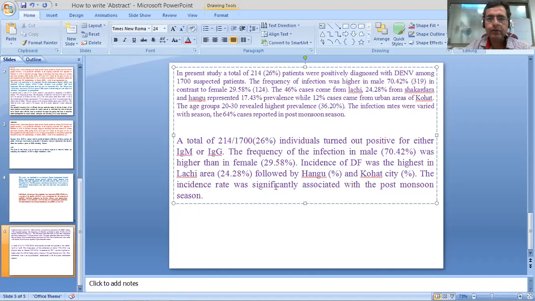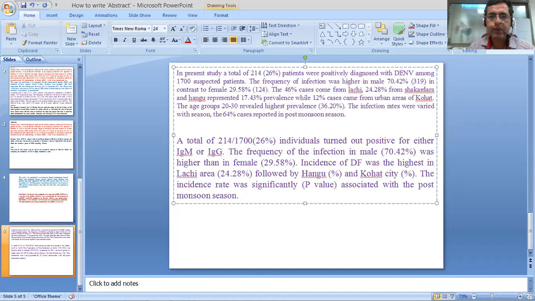Okay, if you do this particular test of significance association of the two, the dengue fever and the post-monsoon season, then you can also give your p-value here. So you can mention your p-value here, whatever test of significance you have conducted.